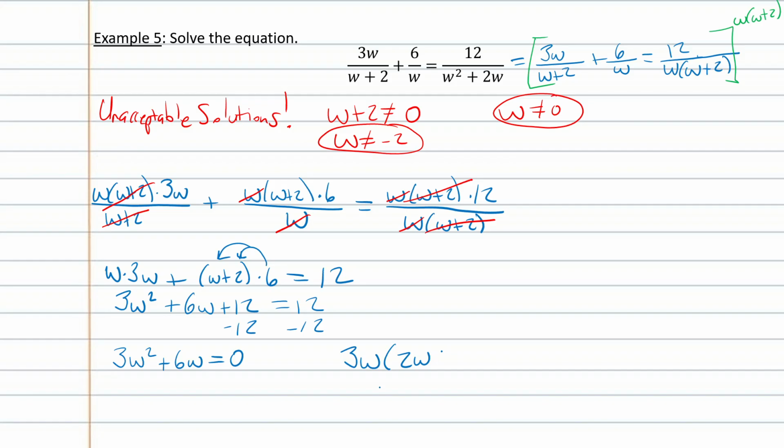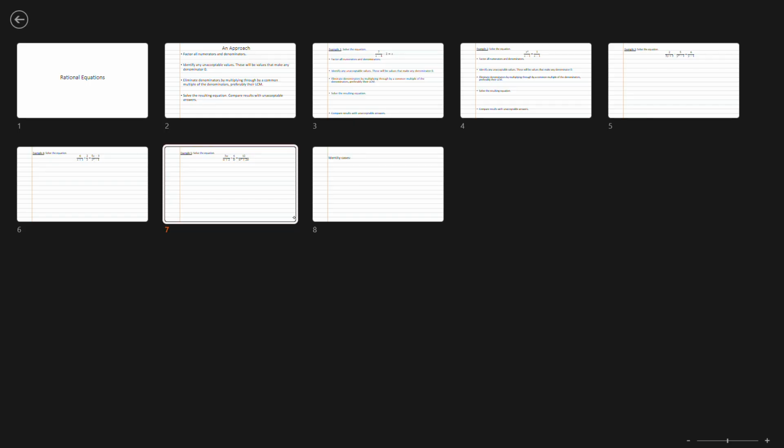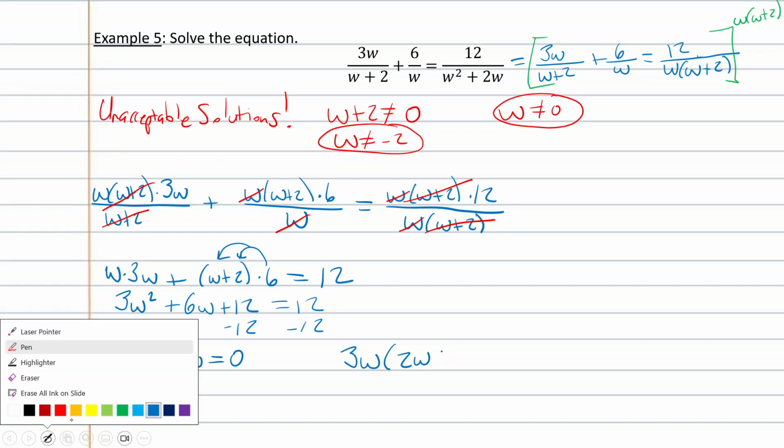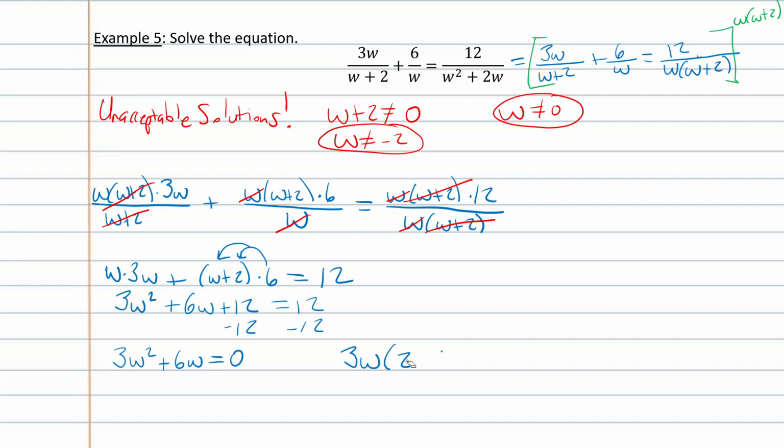Sorry. Nope, I'd be left with, sorry. Oops. What would I be left with? See if you can fix my little writing error there. If I pulled out a 3w, I'd be left with a w plus 2, not a 2w. And that would equal 0. So I just factored a 3w out.